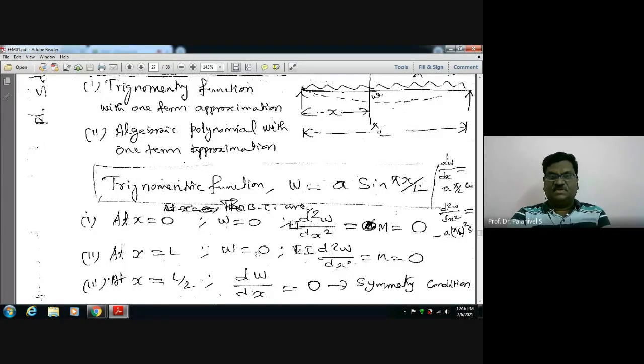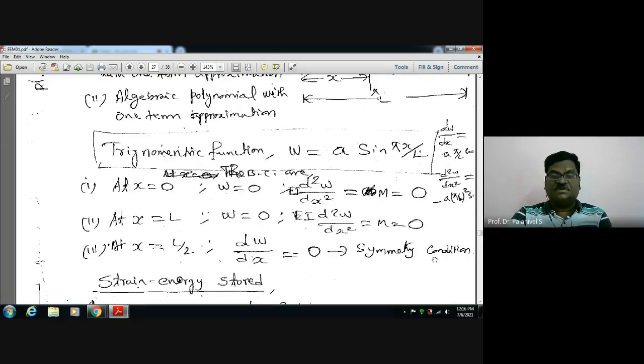And EI d square W by dx square equal to minus M. At this simply supported end also, the bending moment is 0. Substituting x is equal to L, you get only sin pi at the end. That becomes 0. Satisfied.